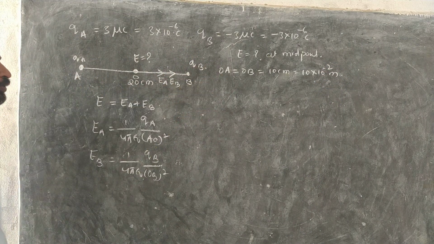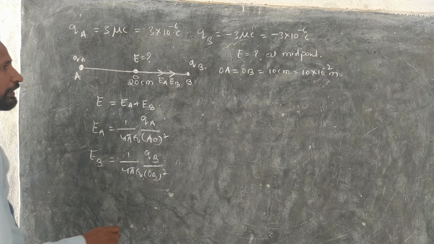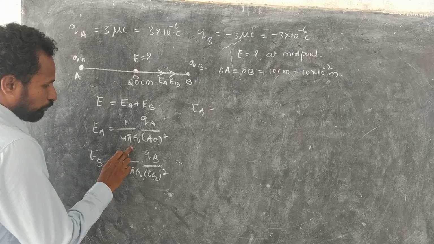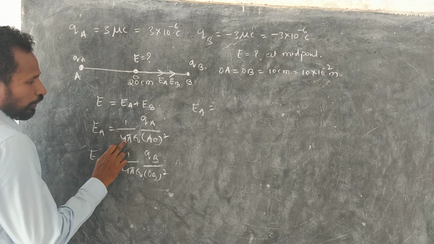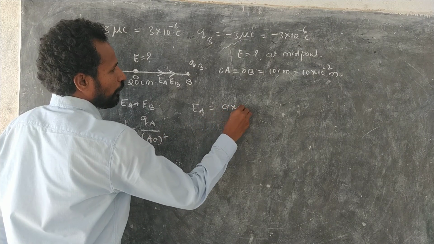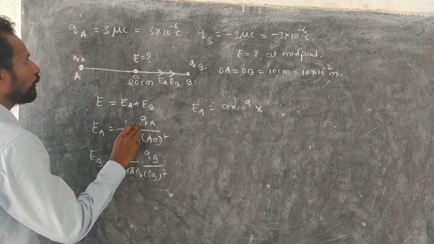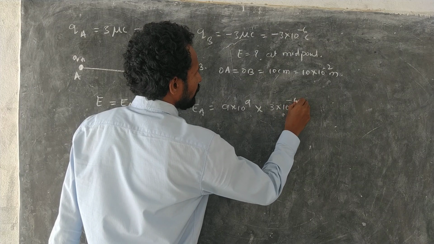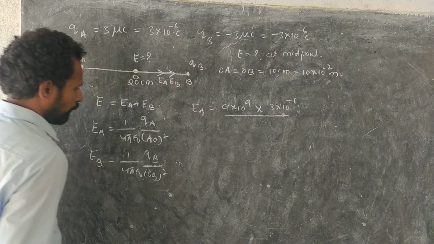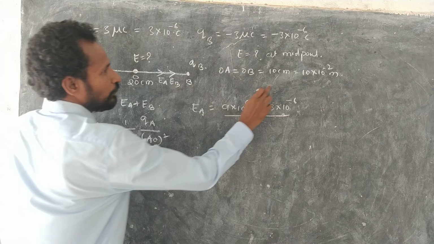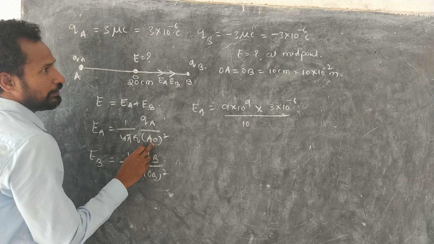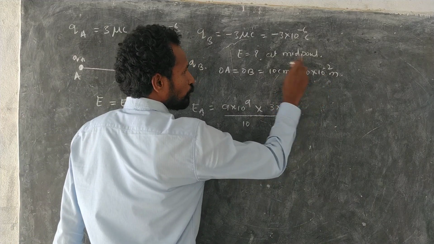So we need to convert into SI units. Then substitute their values and we will get EA and EB. EA is equal to 1 by 4 pi epsilon naught, value 9 into 10 power 9, into QA value 3 into 10 power minus 6, by AO square, that is 10 into 10 power minus 2 whole square.